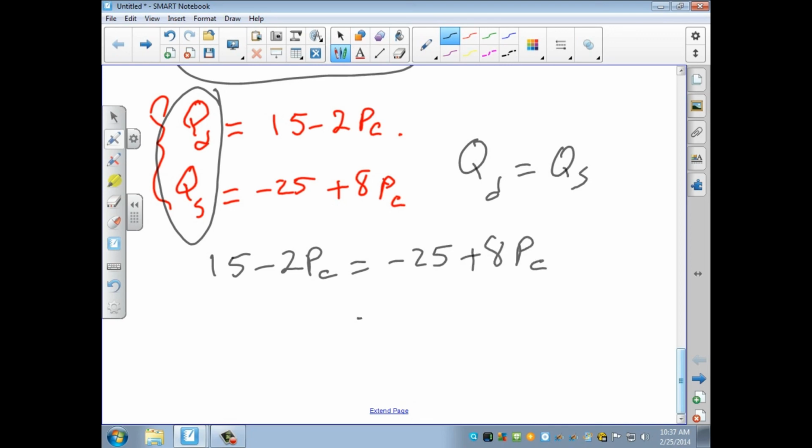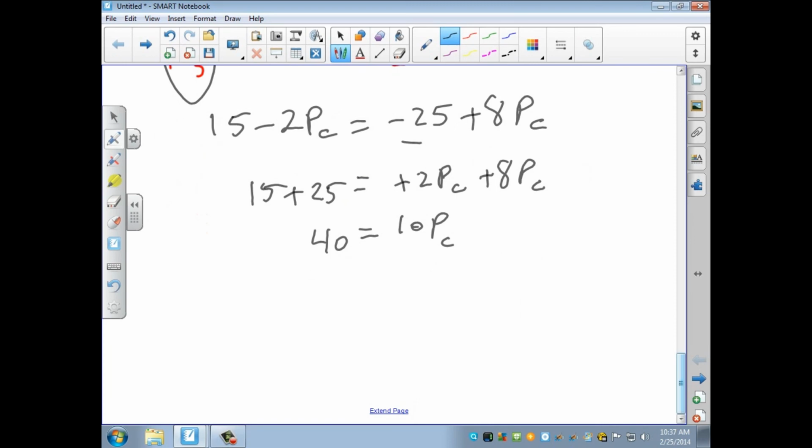Take all the PC to one side, so this minus 2 would come to the right-hand side as plus 2 PC plus 8 PC. And take the 25 to the other side, it would become positive. So you would have 10 PC equal 40.